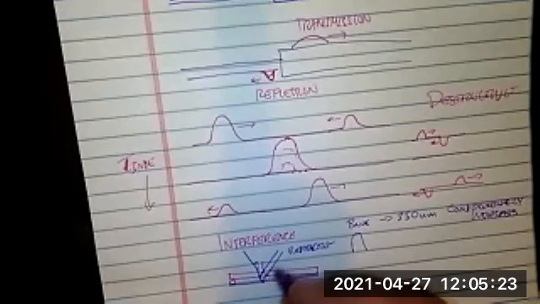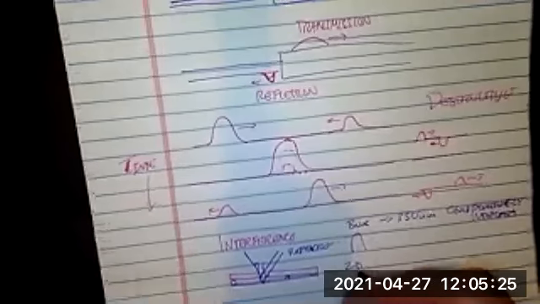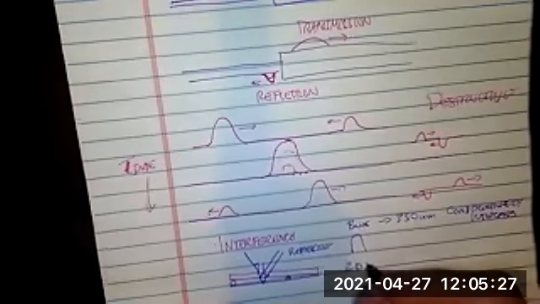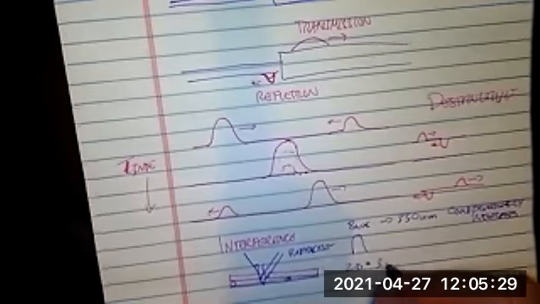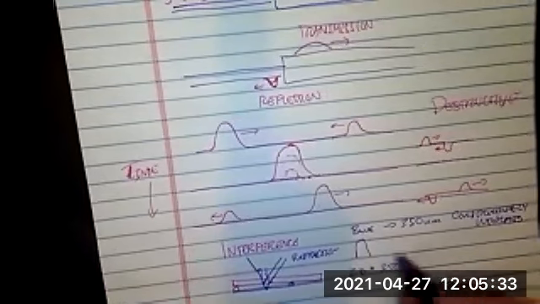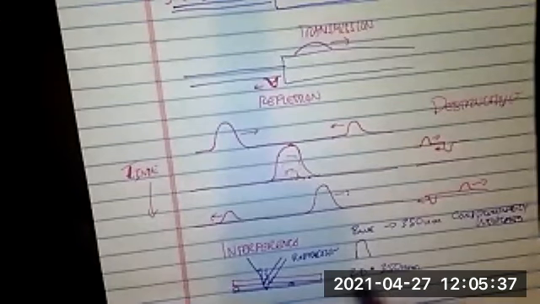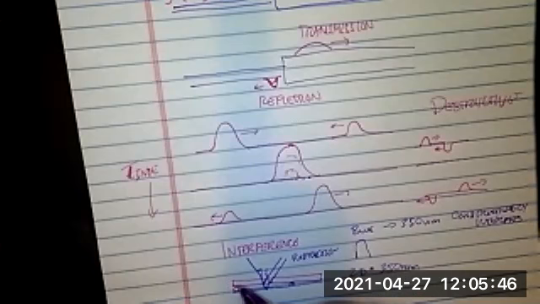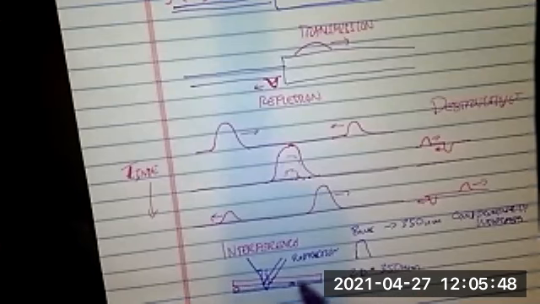So if 2 times the diameter of that molecule is equal to 350 nanometers, then the blue will come out amplified. And therefore, you know that the thickness is on the order of 175 nanometers.